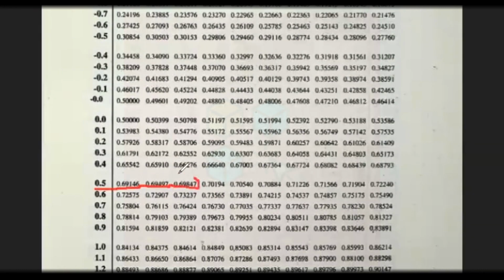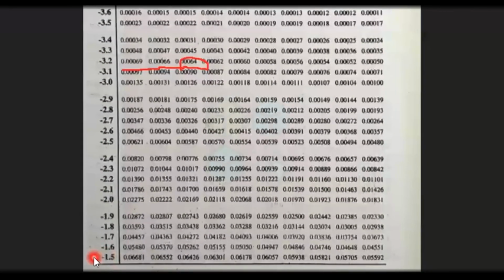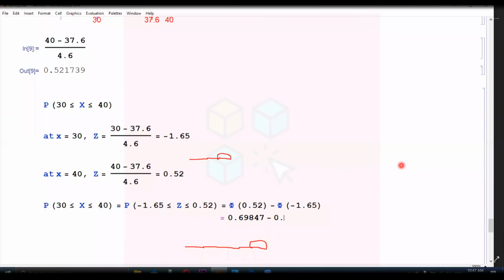Okay, so we will mark this point, 0.6985. Then minus 1.65 in the second last line, which is 0.04947.